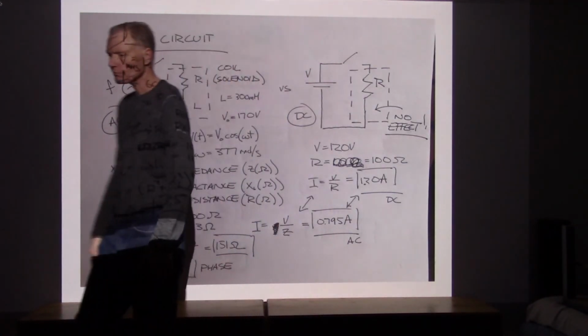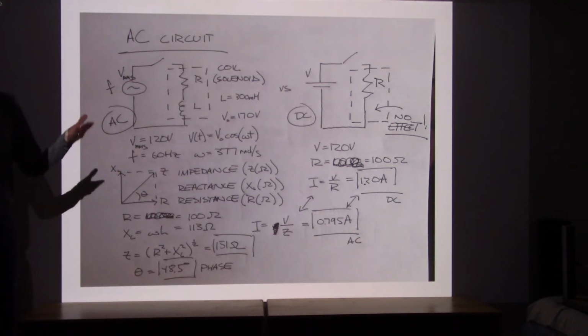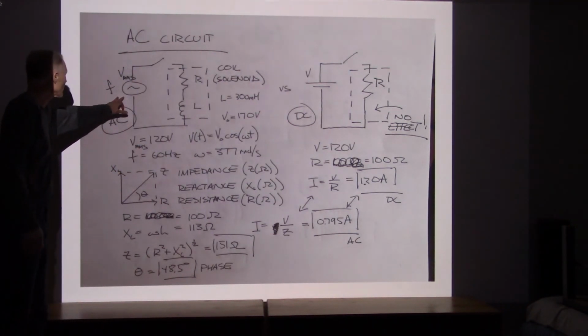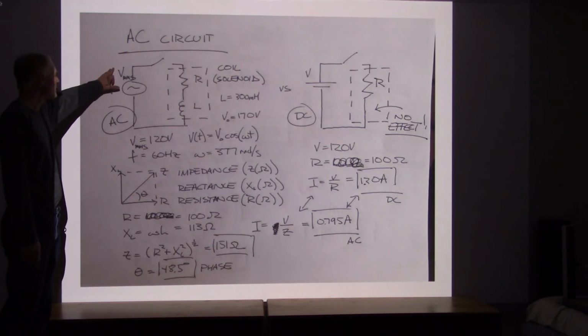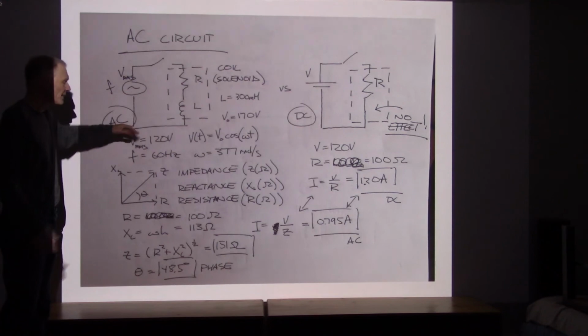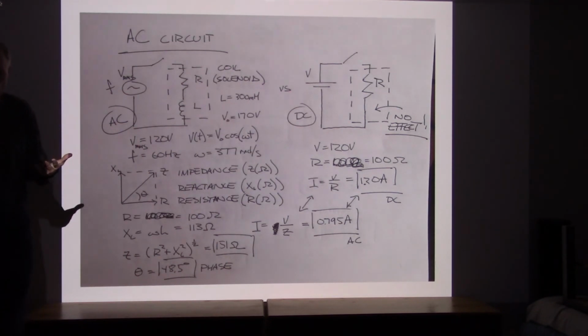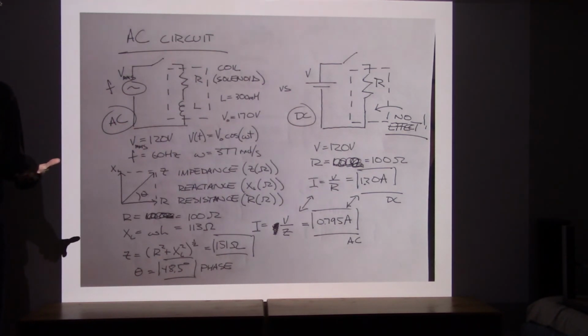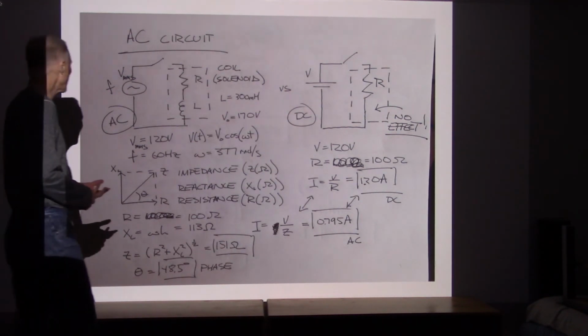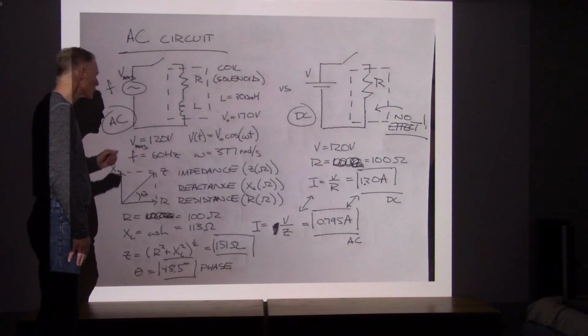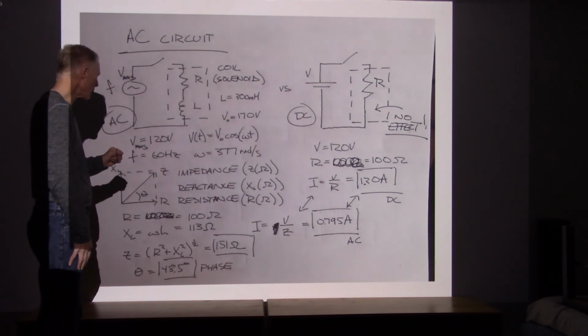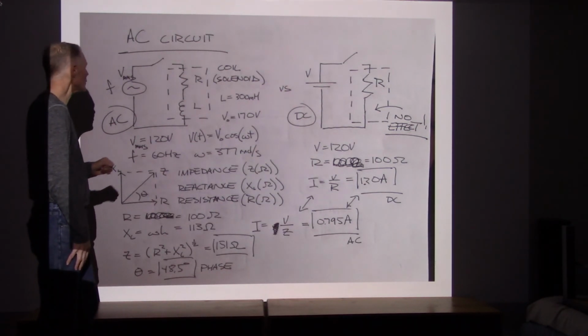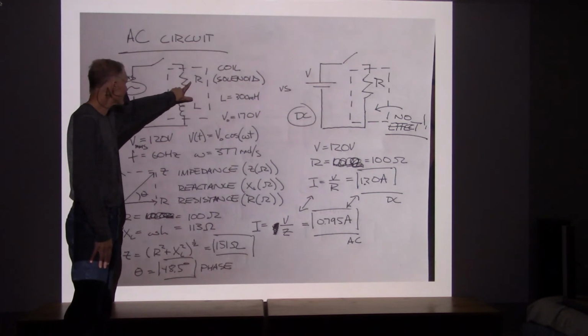All right. What happens with an AC power supply with sort of the same specifications? This time it's an RMS. It's an alternating voltage, but kind of the average value is the 120 volts. So for this, what we have to do is stop and take a look at how much resistance the resistor will produce.